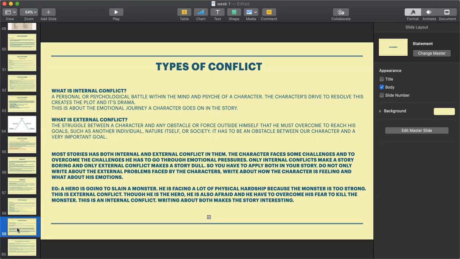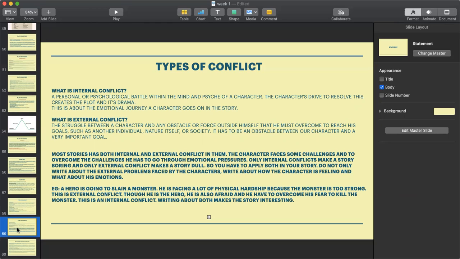External conflict is the struggle between the character and any obstacle or forces outside himself that he must overcome to reach his goal, such as another individual, in person versus person, nature, society, whatever it can be. It has to be an obstacle between our character and a very important goal, what we have to achieve.